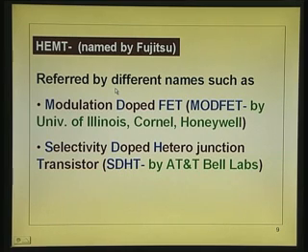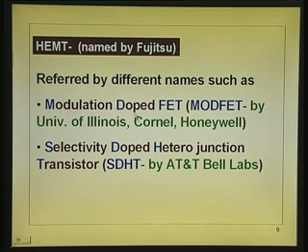So, people ask what is there in the name, it is the same device. Okay. But people like to call it MODFET, it is the same high electron mobility transistor, modulation doped field effect transistor. Okay. It is called by University of Illinois, Cornell, Honeywell, industry and the universities.